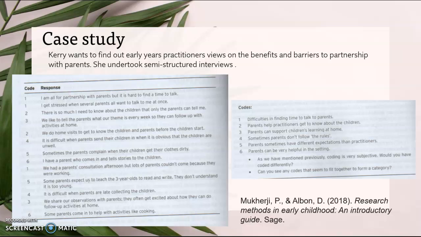So she created these codes, which then allowed her to look at all the responses she had, which you can see on the left-hand side, and then code them. This has helped her see, okay, how many have I got in the 1 code? How many of these responses show that there's difficulties in finding time? Or how many responses fall in the sometimes parents don't follow the rules?